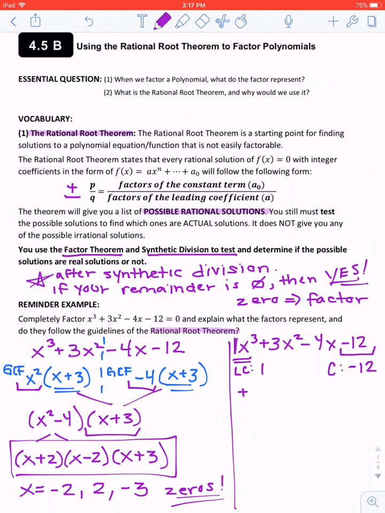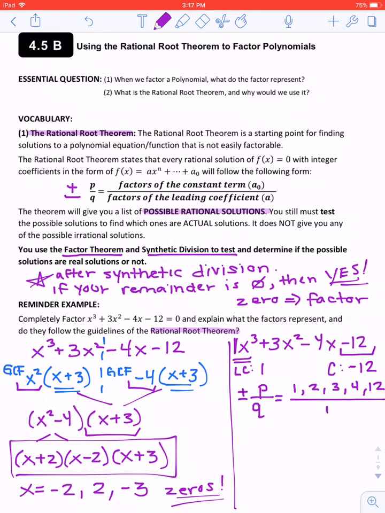So if I do plus or minus factors of p over factors of q, so factors of 12. All right, so 1, 2, 3, 4, 12. Factors of 1, that's easy, that's 1. So we're going to create this list.